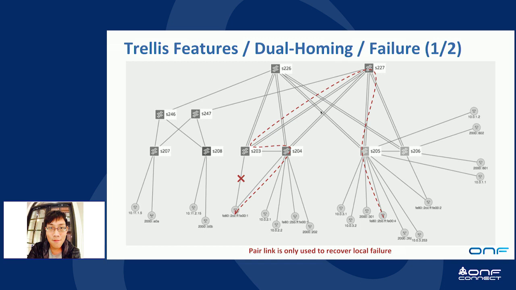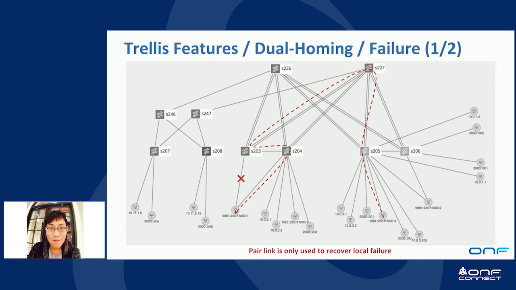So in this case, only the traffic that goes to this particular destination will get rerouted through the pair link and coming down this way. For other traffic that goes to other dual home hosts, although this diagram only shows one, you can have many dual home hosts attached to both 203 and 204. So for other dual home hosts that's still working, the traffic will still get hashed to both 203 and 204.